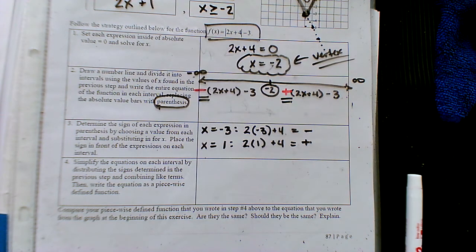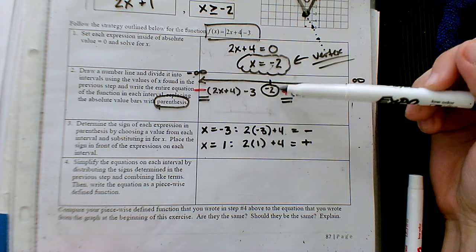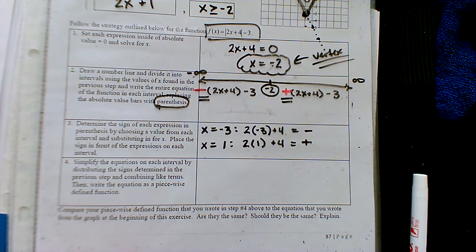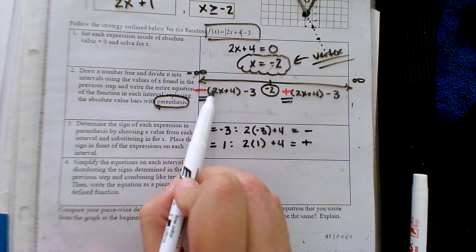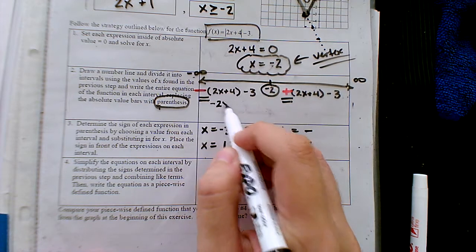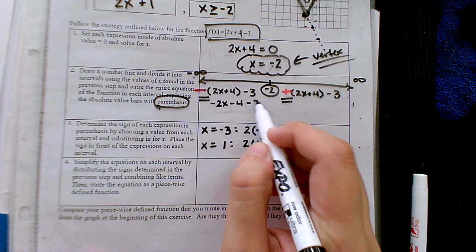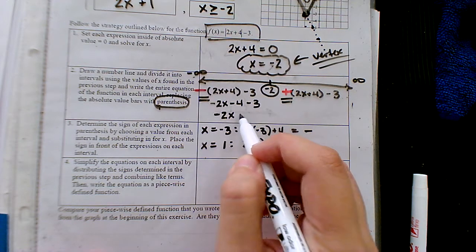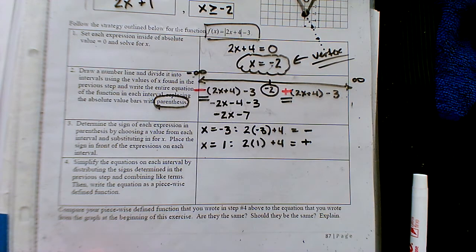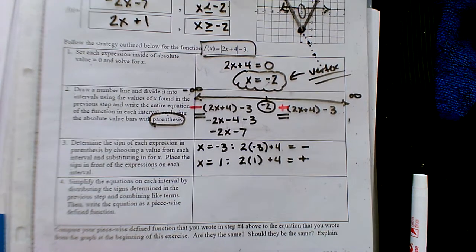So now that we know what each piece is doing on either side of this vertex, we're going to simplify our equation. Take a look at the first one. If we distribute the negative in, we'll get negative 2x minus 4 and then the minus 3. Combining like terms, we'll get negative 2x minus 7.